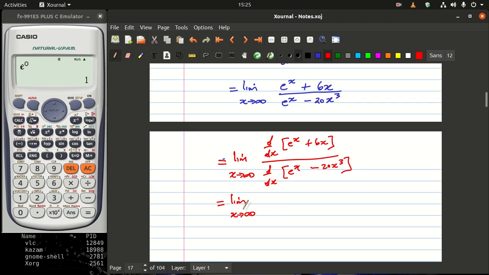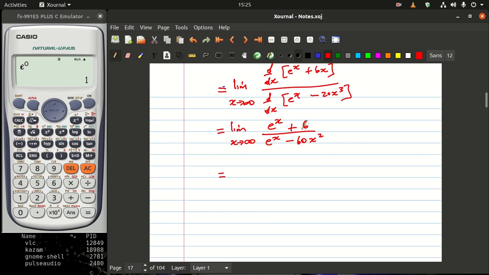I still have the limit because I haven't plugged in. We only drop it when we're plugging in, and then the derivative of e to the power x is the same as e to the power x plus the derivative of 6x. We know that is going to be 6, and then the derivative of e to the power x is going to be e to the power x minus the derivative of this is going to be 20 times 3, that's just a 60x squared, and then of course I reduced a 1 there, and then I multiply this exponent by that, and then we get this.